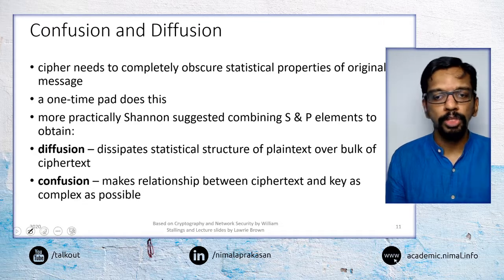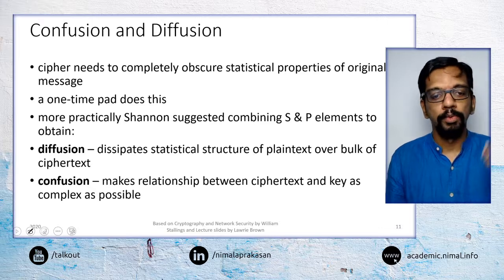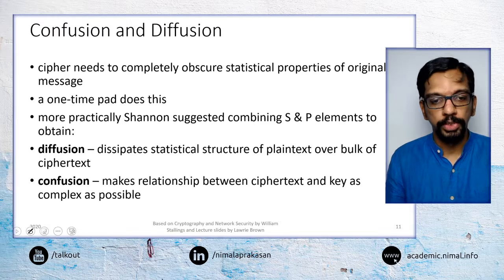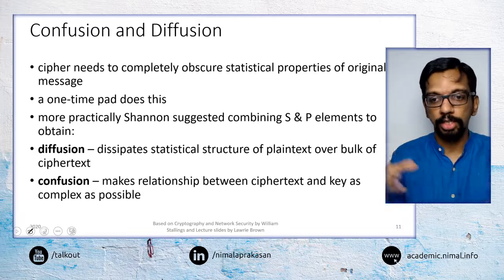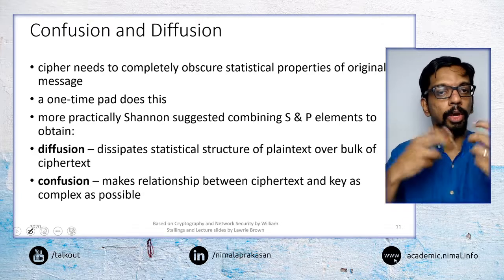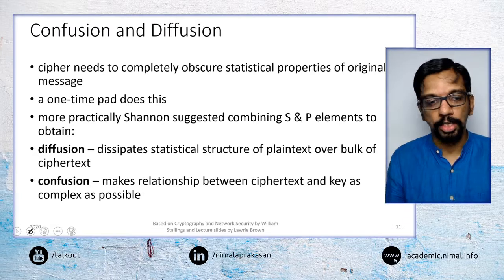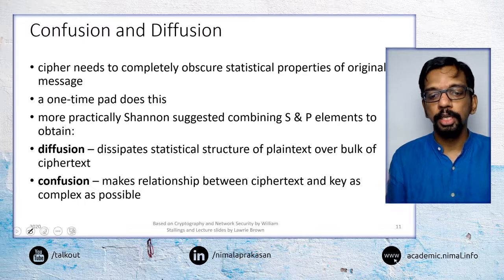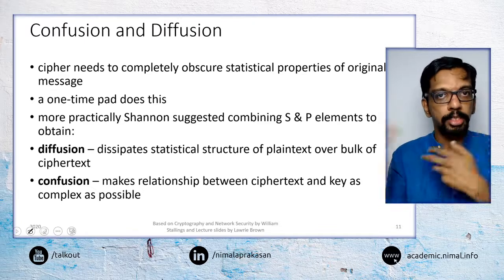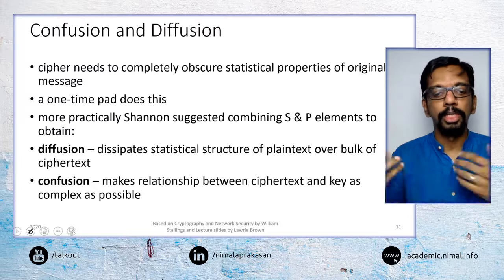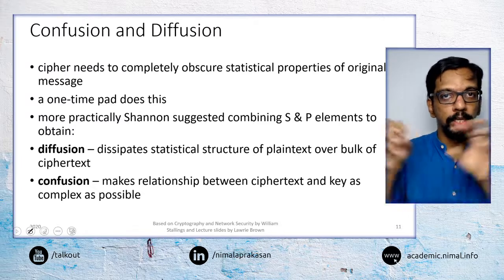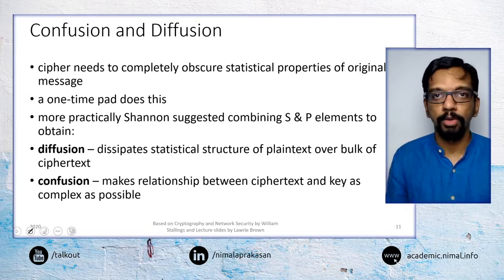Using SP networks, we get, first, diffusion, which eliminates the statistical structure of the plain text. And then confusion, which combines the ciphertext and the key in a complex manner, so that the relationship between the key and the ciphertext is not very well known.